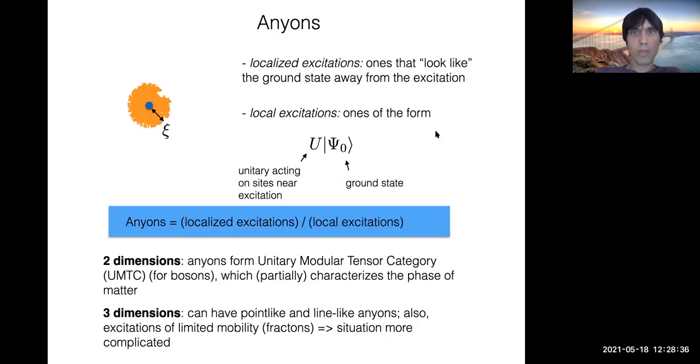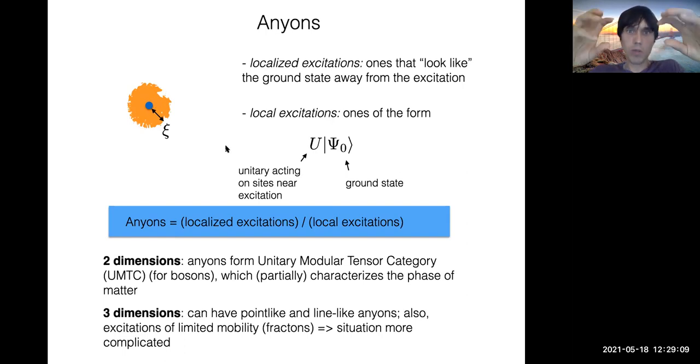So using this notion of localized excitation, we can define the notion of anyons or topological excitations. Localized excitations, as I already defined, are ones that look like the ground state far away from the excitation, on topologically trivial patches. Truly local excitations are ones which can be formed from the ground state by acting with a unitary operator that acts just within the region of the excitation.